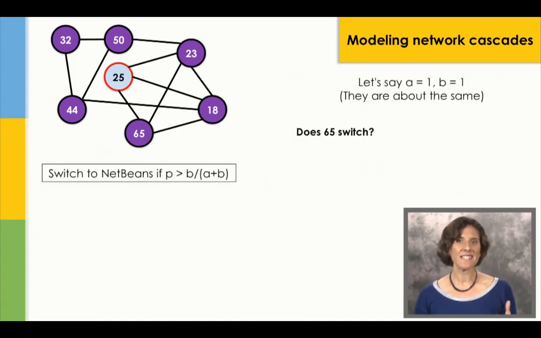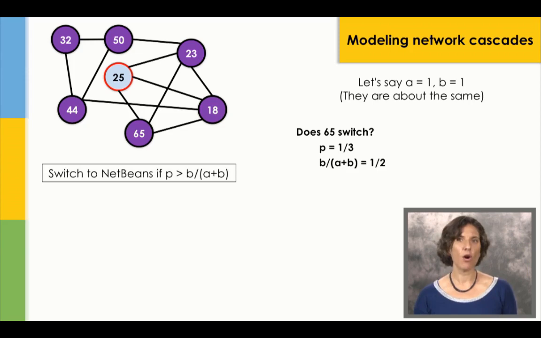All right, so let's now look at how this plays out in practice. So let's look at, in this network, again, 25 made the switch for some other reason. It's outside our model. It just decided I am going to use NetBeans. So 65 now says, well, should I switch to NetBeans? Let's take a look under our model. Let's see, P is 1/3 because only one of 65's 3 friends use NetBeans.